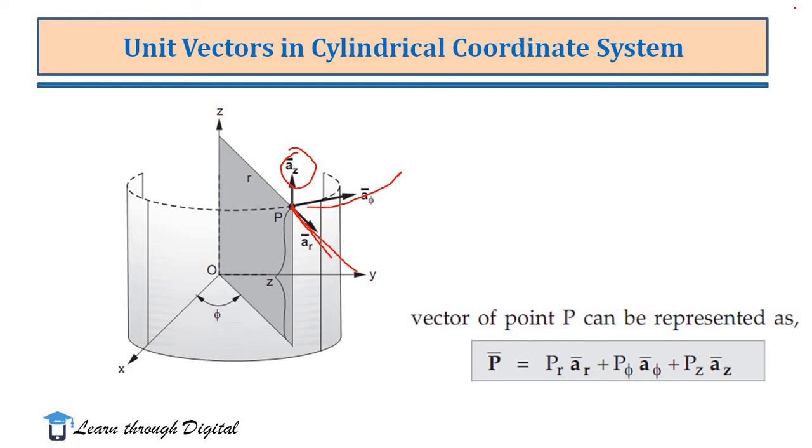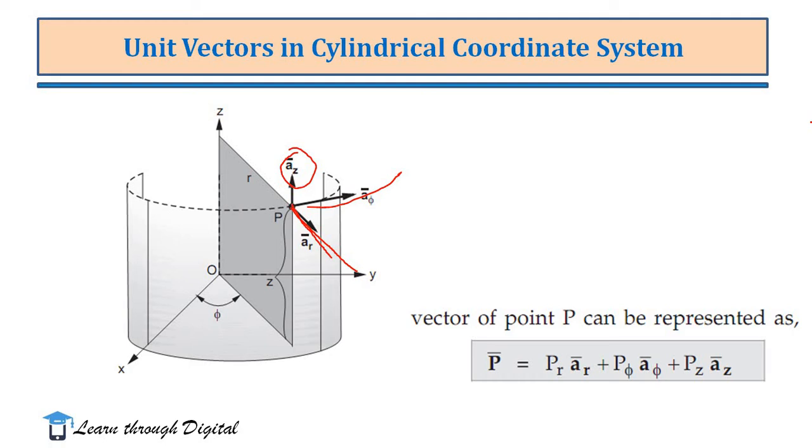The unit vector a_phi also lies in a plane parallel to the xy plane, but it is tangential to the cylinder and points in the direction of increasing phi at a given point. The unit vector a_z is parallel to the z-axis and directed towards increasing z.